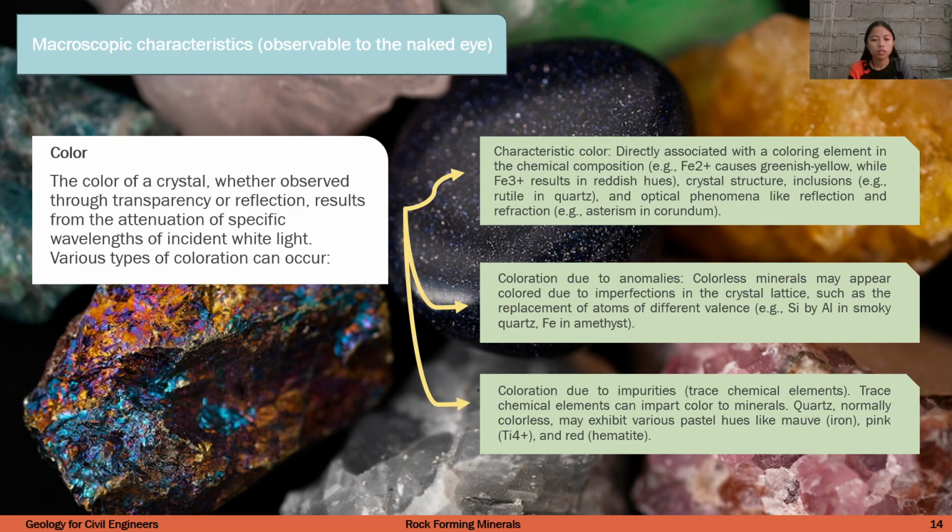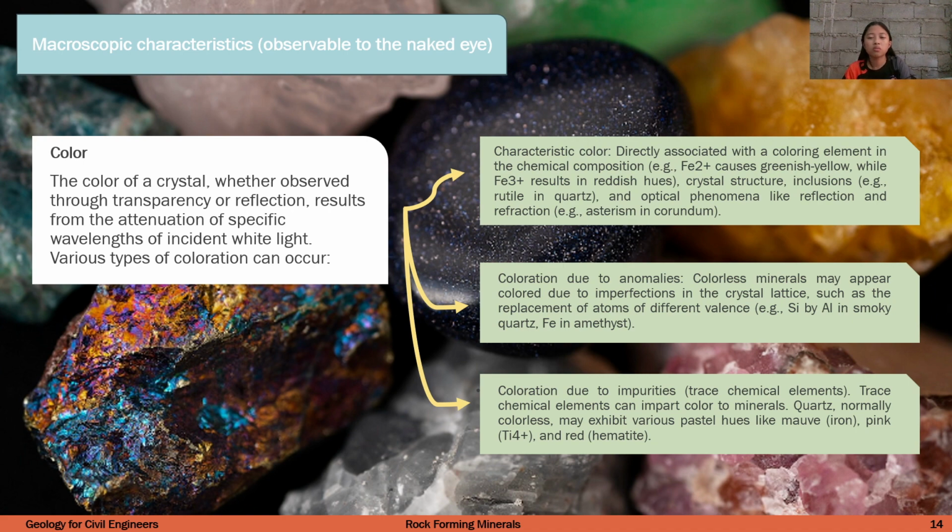So, some minerals have colors linked to what they're made of, like yung sa greenish yellow for Fe2+, or reddish for Fe3+. Yung iba, nagmumukhang colored dahil sa kung paano ginawa yung crystals or ano yung mga tiny chemicals na nasa loob dito.